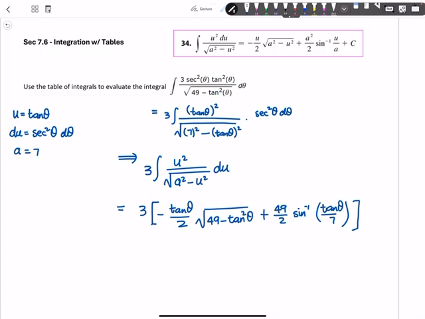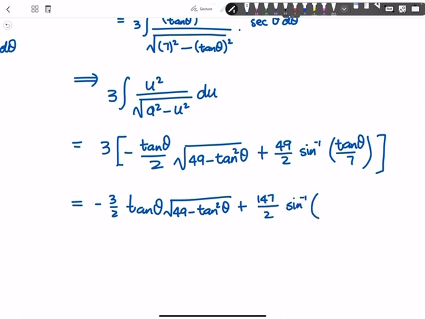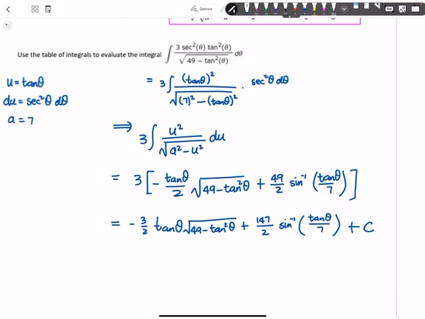And again, if you would like to make this one last final simplification, this constant 3 can easily be distributed, and this will give negative 3/2 tangent of theta times the square root of 49 minus tangent squared of theta plus 147 divided by 2 times sine inverse evaluated at tangent of theta over 7. And then do not forget that plus c on your final answer.